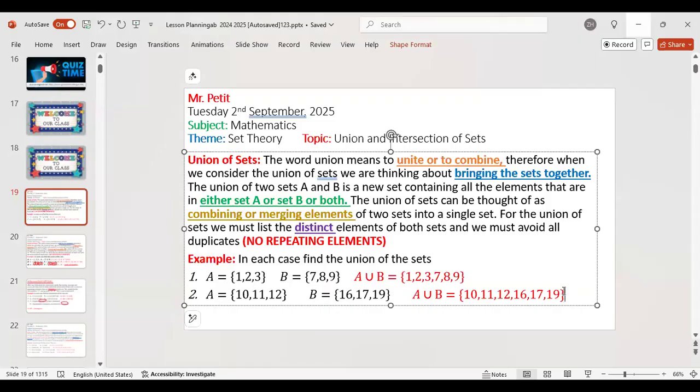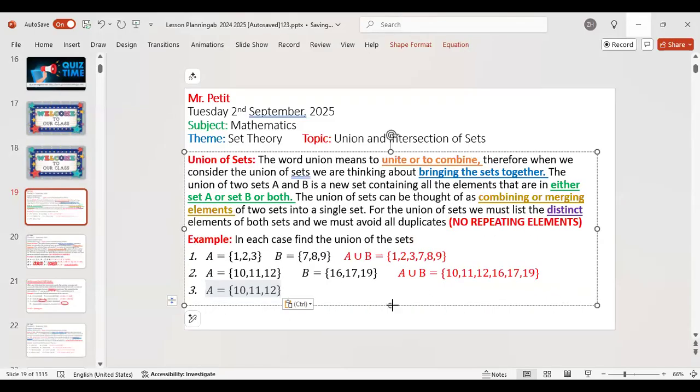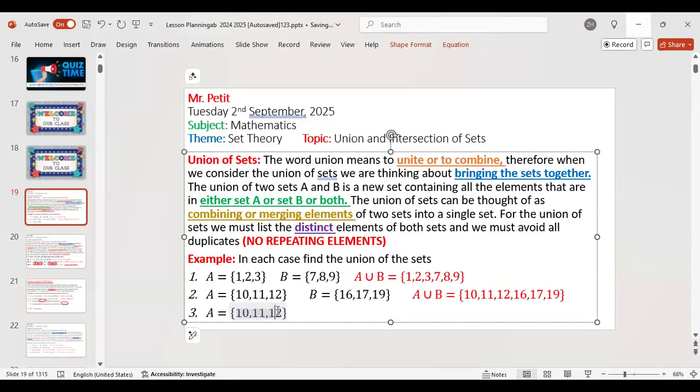Okay, so set A. Oh, by the way, it doesn't only have to be numbers, it could be letters as well.